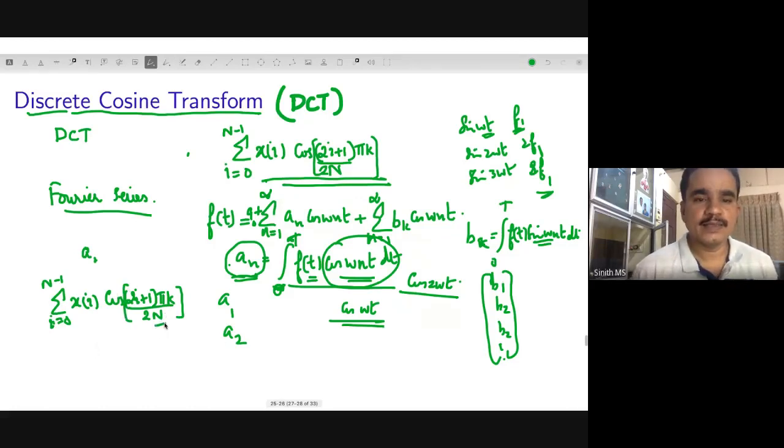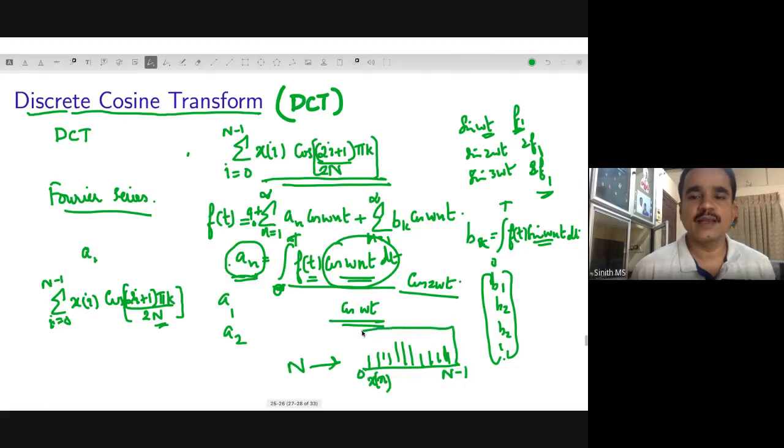Now, what is this capital N? Capital N is the size of your signal x of n under consideration. It may be a frame. If it is a frame of length n, that's also fine. So basically, for n samples, you are finding the corresponding discrete cosine transform.